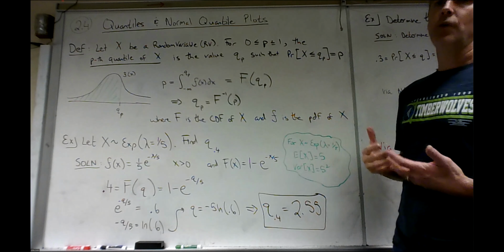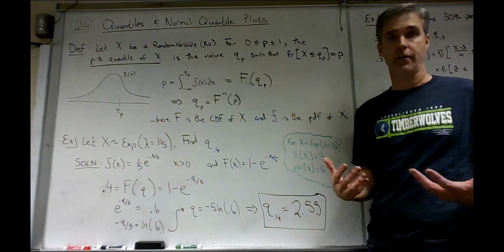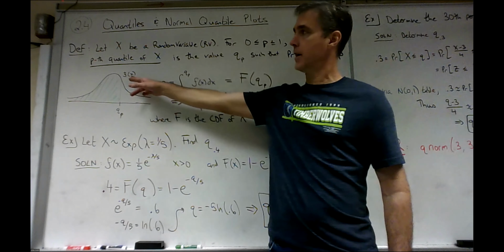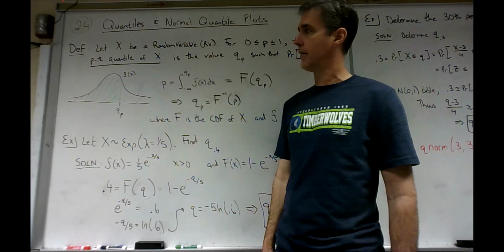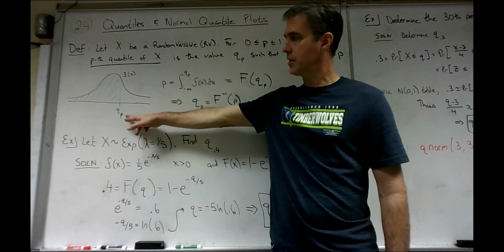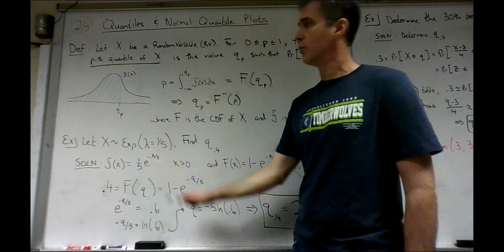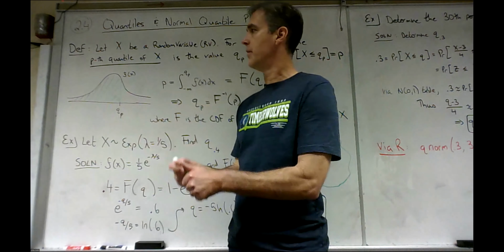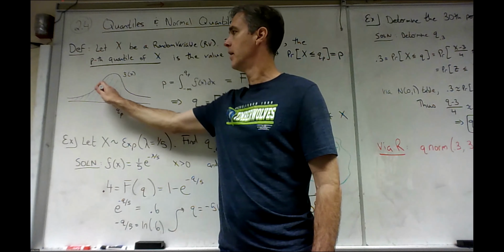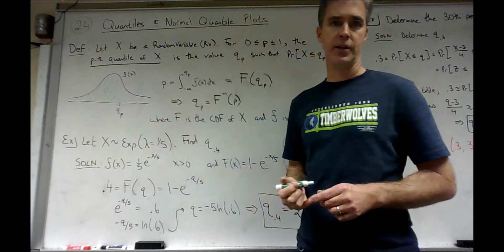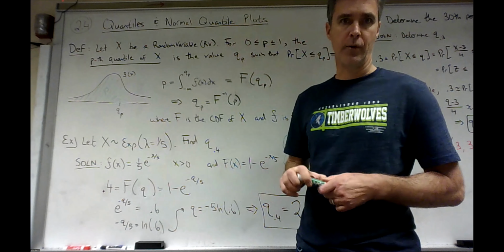So if you happen to know the PDF of X, let's sketch it. Little f is going to be the PDF of X. Q sub p is the point where, if we shade to the left, this shaded area is equal to p units of area, probability p.